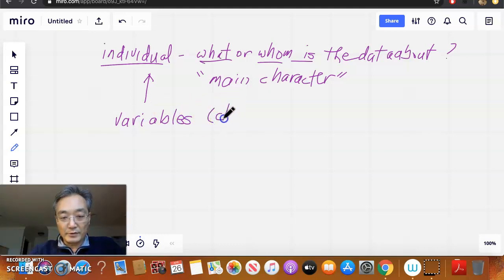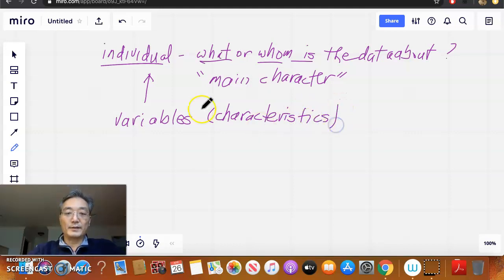And what are the characteristics of the data? So, characteristics of the individual, right? What are the characteristics of the individual? So that's the variables. And these variables now can be broken up into two different types here.